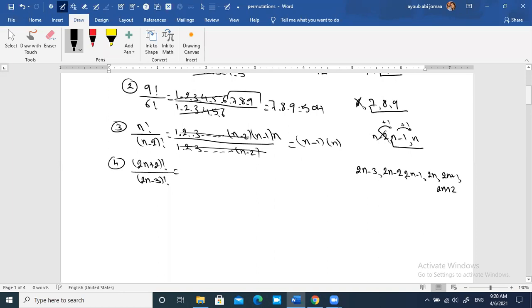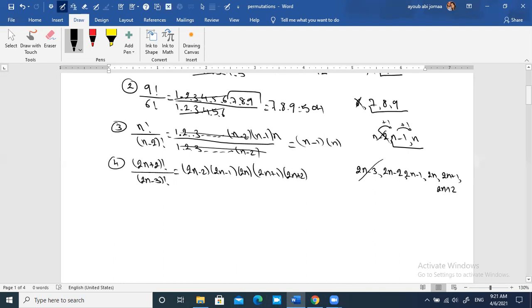The first integer after 2n minus 3 is 2n minus 2, and then you multiply from 2n minus 2 till 2n plus 2. From this small number, the first integer after it until this big number. So it is the product 2n minus 2, 2n minus 1 times 2n times 2n plus 1 times 2n plus 2.